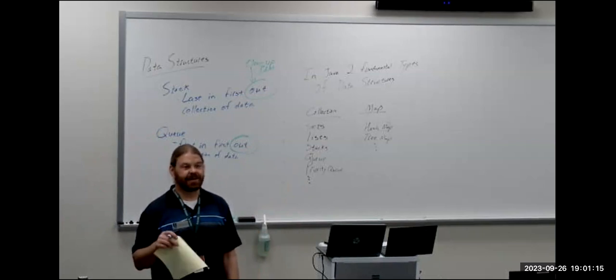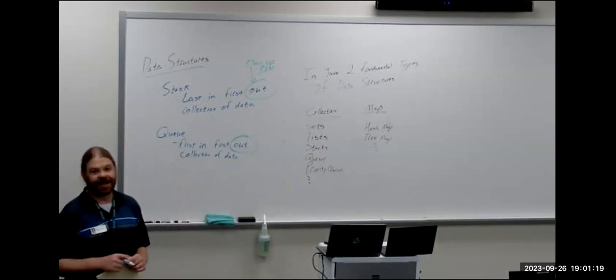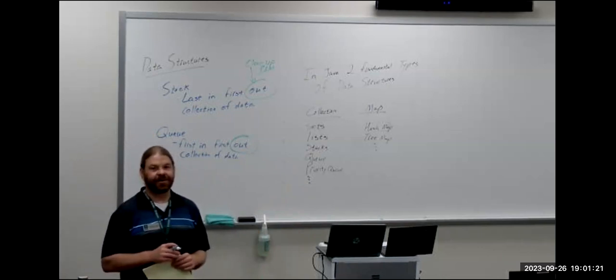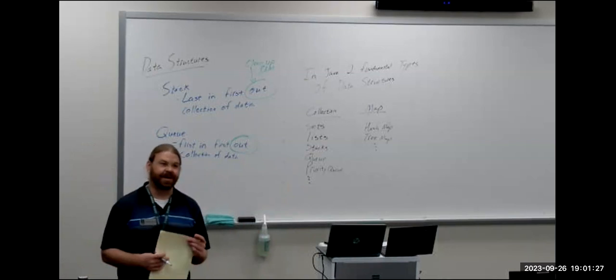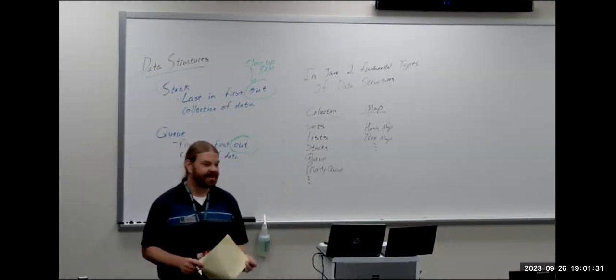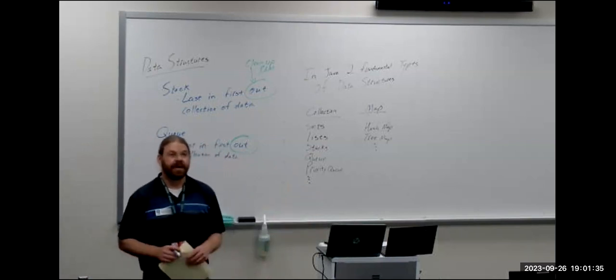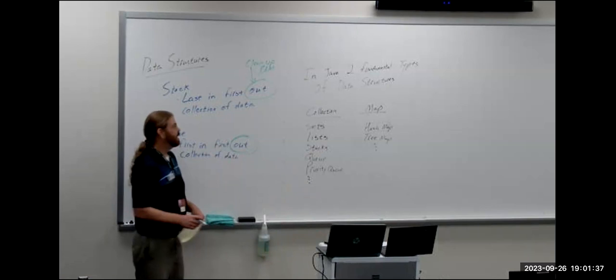So maybe the weight field from the animal objects is the key to some of the class, the key to the people class, where we have name, age, and town or something. We can use whatever we want as the key and the value, and that's what a map is.